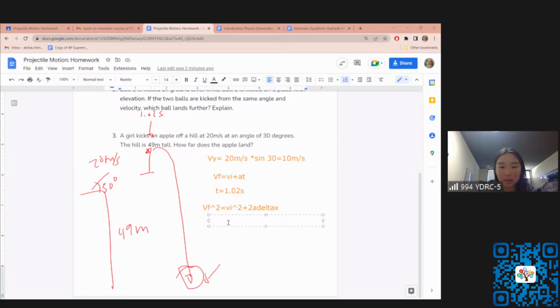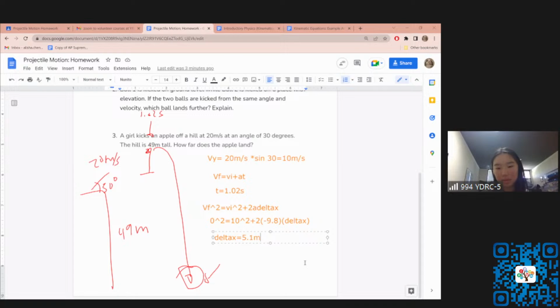Is this right? So Vf is 0. So 0 squared equals 10 squared plus 2 times negative 9.8 times delta x. That's negative 100 divided by 2 times 9.8, and delta x ends up being 5.1 meters.